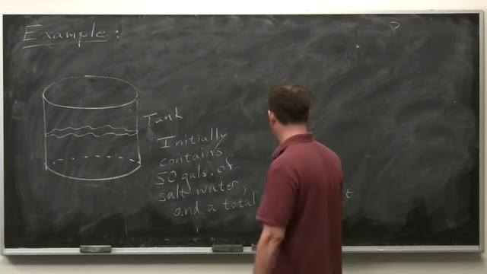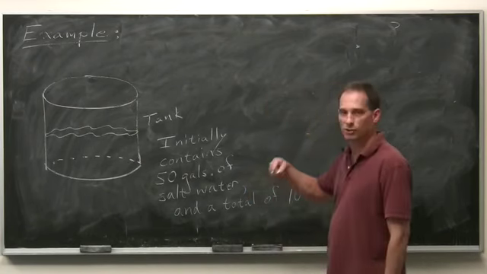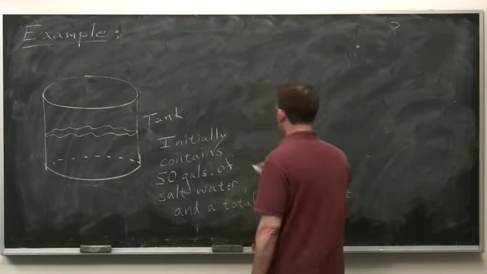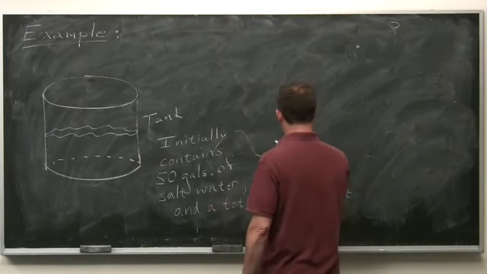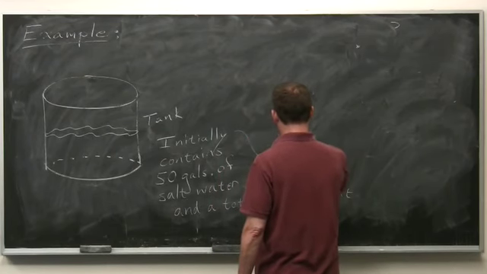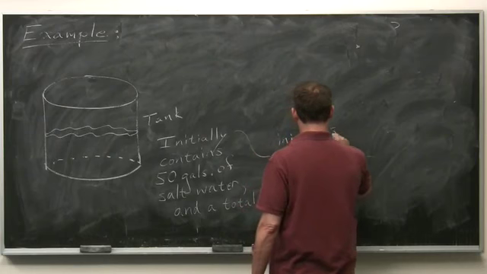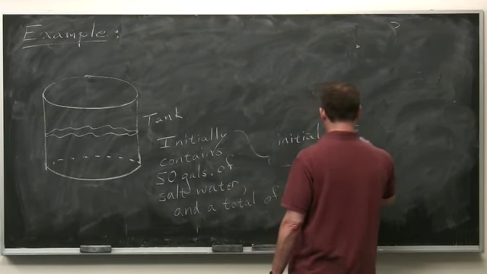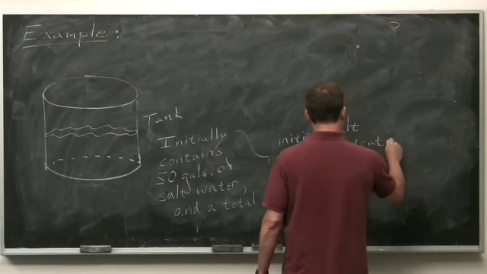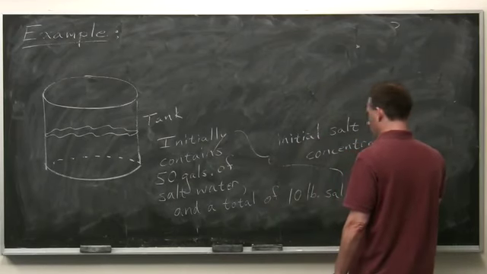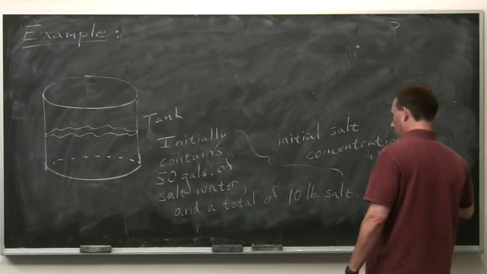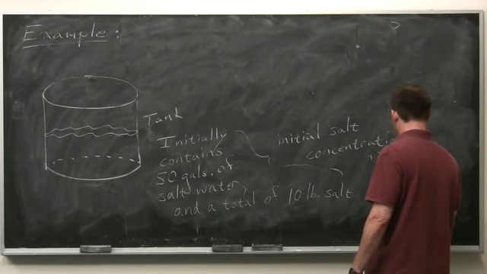So the salt is dissolved in the water, and so the initial salt concentration is 10 pounds of salt per 50 gallons.